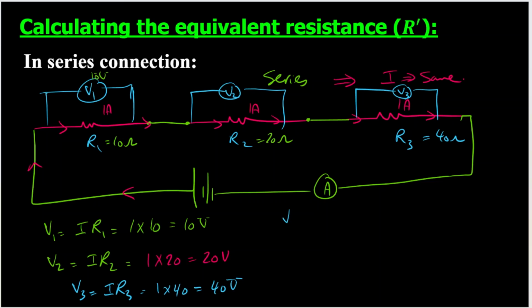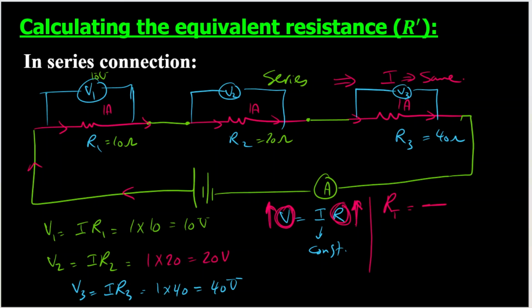Can you see? V is equal to I times R. Since I is constant, V and R are directly proportional, which means that the higher resistance will consume higher voltage, or will have a higher potential difference between its two terminals. So in this case, to find the total resistance, you can do one of two things.